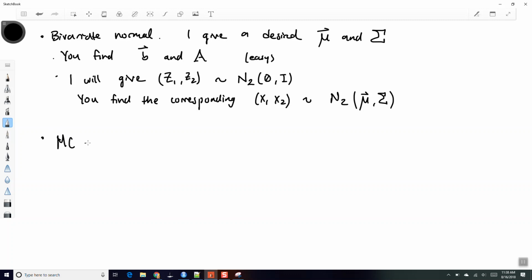All right, and then we'll have Monte Carlo integration, and then we'll have importance sampling, basically covering everything, right?